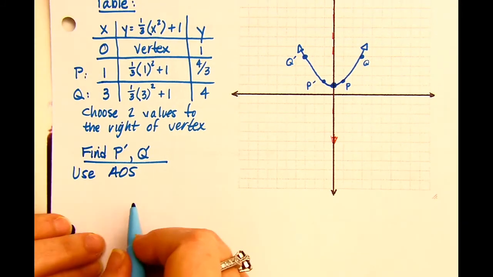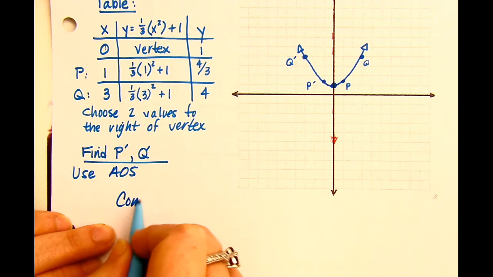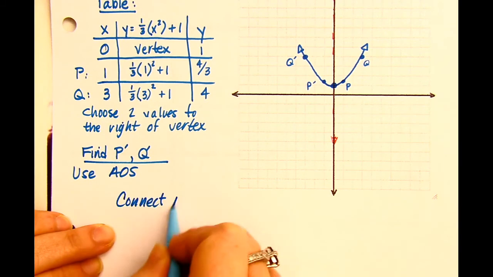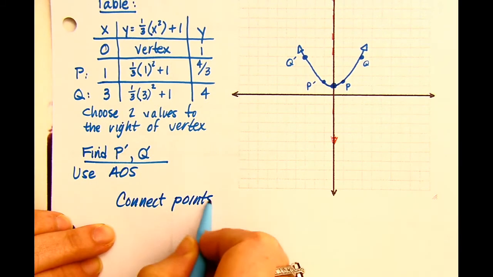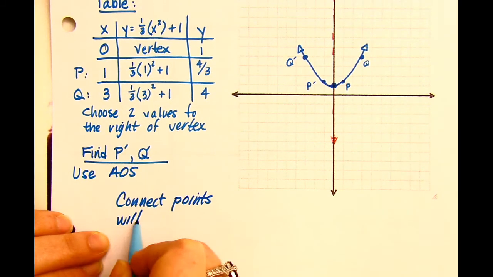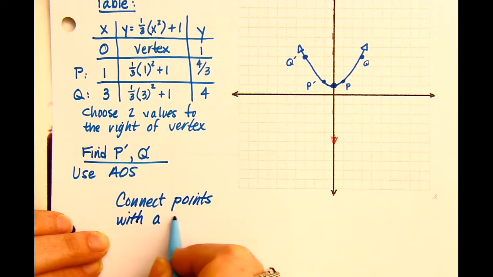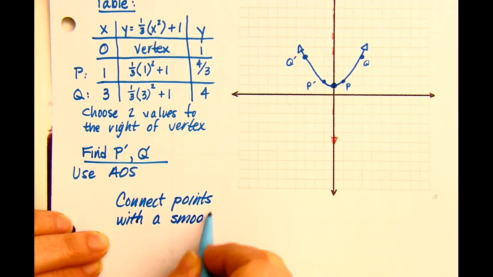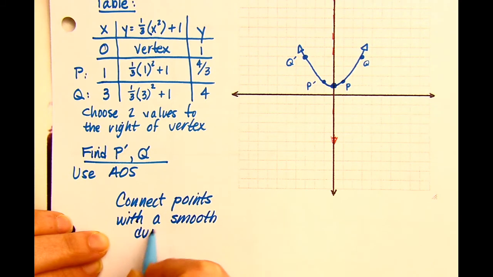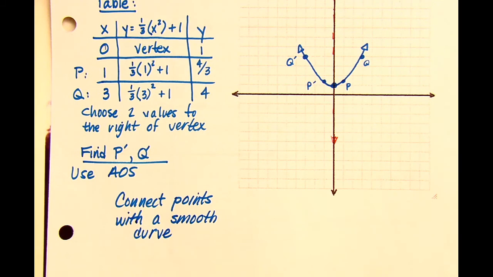Then we connected our points with a smooth curve. So I don't think there's much new except maybe choosing 2 points to the right of the vertex point. You have already made tables for graphing.